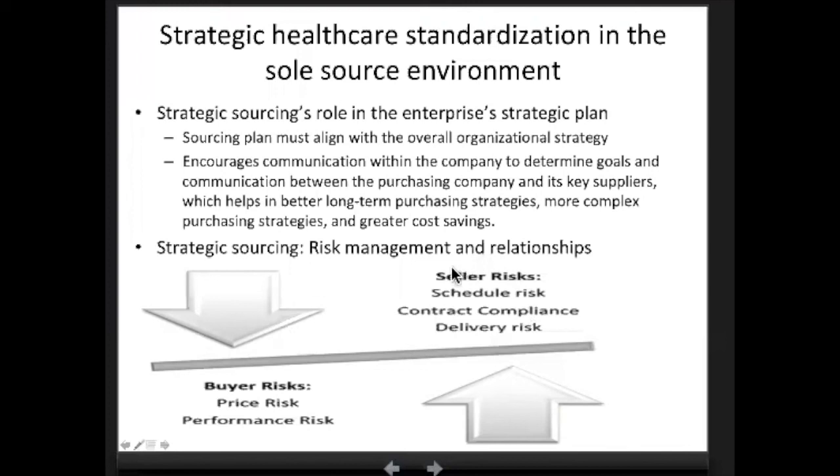You have certain risks that the seller is trying to avoid, like schedule risk, the requirement coming at different schedules, and therefore the supplier has to fulfill them at an erratic schedule, which can then increase the cost for the supplier.